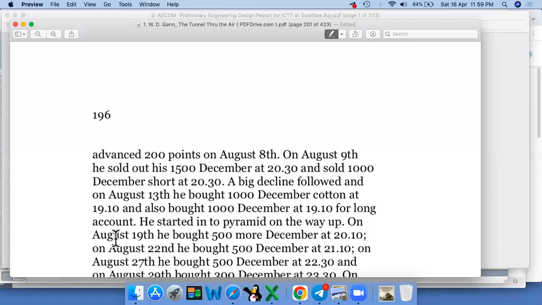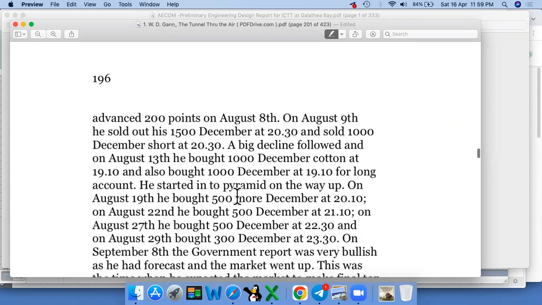On 19th August, he bought 500 more at 20.1. So this is again above his buying price of the previous one, which is 17.3 on 8th of August. So from there it went to 20.3, 20.1, 21.1, 22.3, 27th of August, 29th of August.